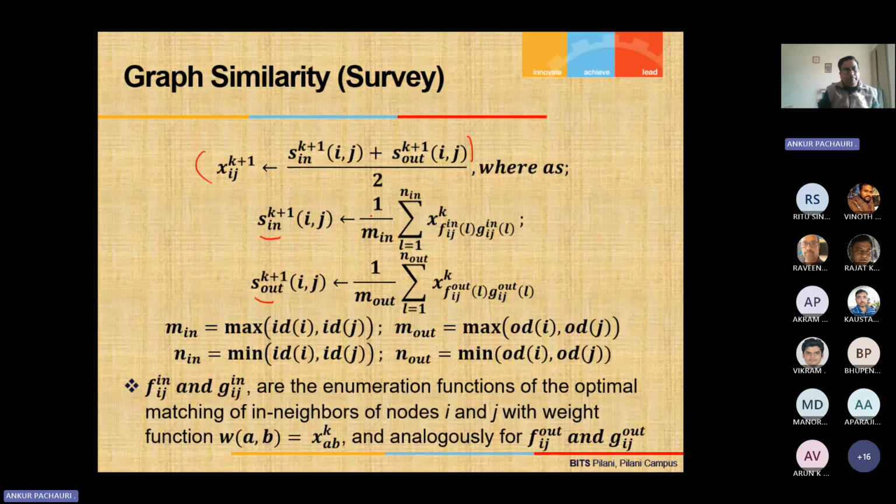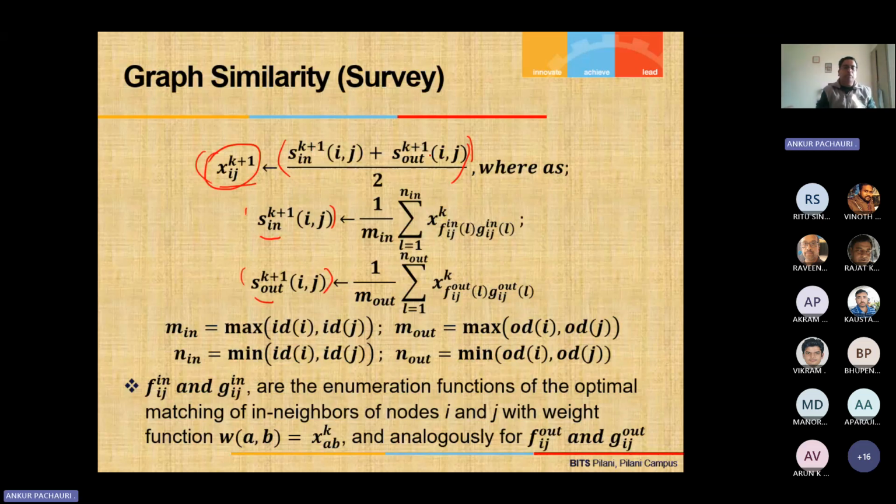I will explain how, but somehow he has calculated the in-similarity and out-similarity, and then takes an average of both, this plus this divided by 2, to give the overall graph similarity of the node pair xij.